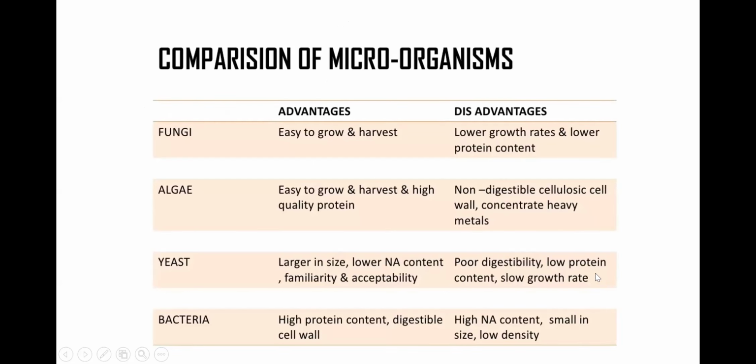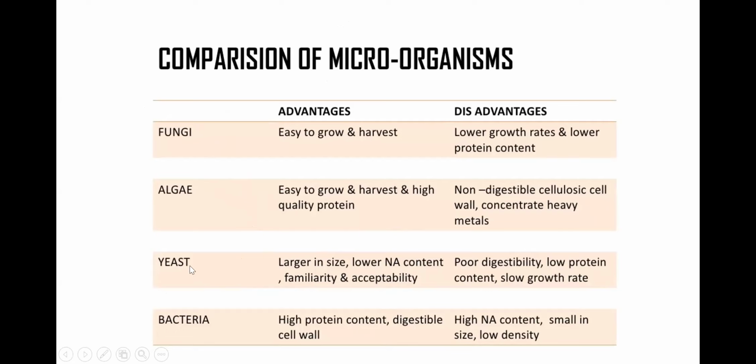So here is the summary of the advantages and disadvantages when we compare across 4 major microorganisms. Yeah, for example, yeast has lower nucleic acid content as compared to bacterium. Yeah, bacterium tends to have higher nucleic acid content.